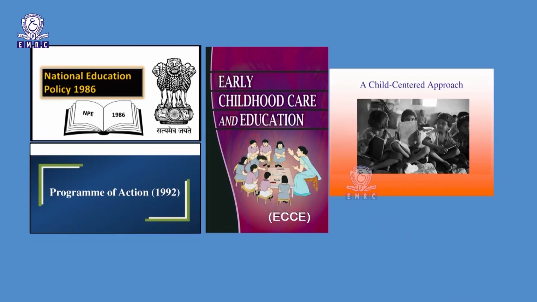Now, we will discuss the National Policy on Education, that is NPE 1986, with its Program of Action, POA 1992. As you all know, education is the birthright of each child, and NPE 1986 and POA 1992 is an important policy intervention highlighting early childhood care and education and elementary education with a child-centered approach.